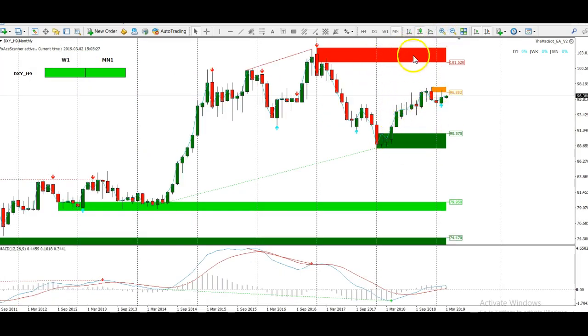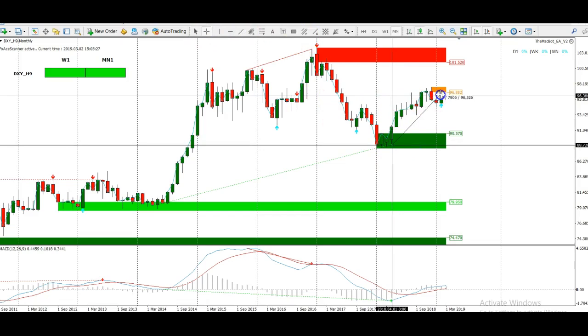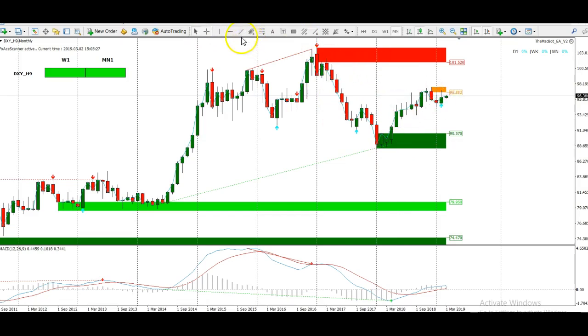The next monthly zone really is up here. We had this small leg up here, and this area here broke this trend line on the monthly and has come back up to test this monthly area.